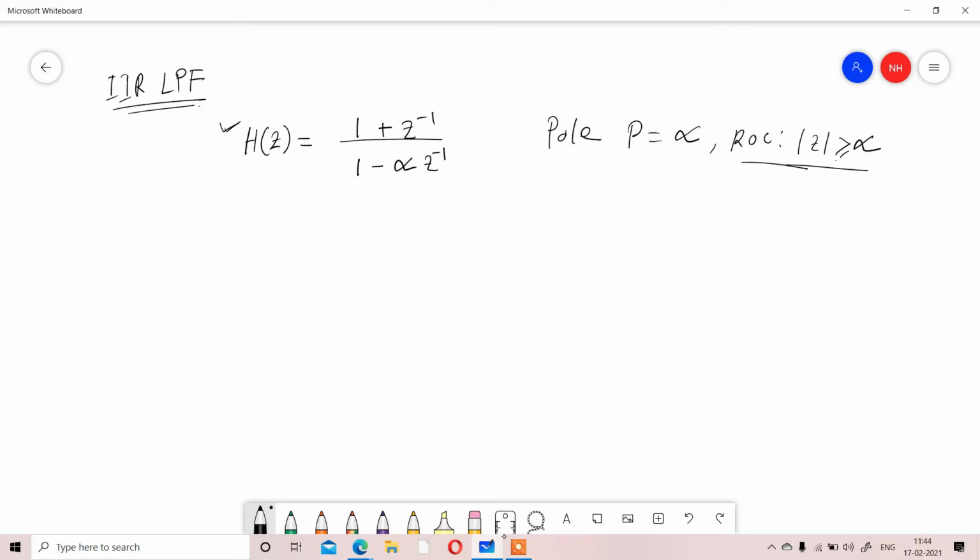So all of you know the Z transform. If you simply calculate the ROC, the denominator must be greater than or equal to 0. So from here you can see that mod Z must be greater than or equal to alpha. So that will be your ROC when the pole is alpha.